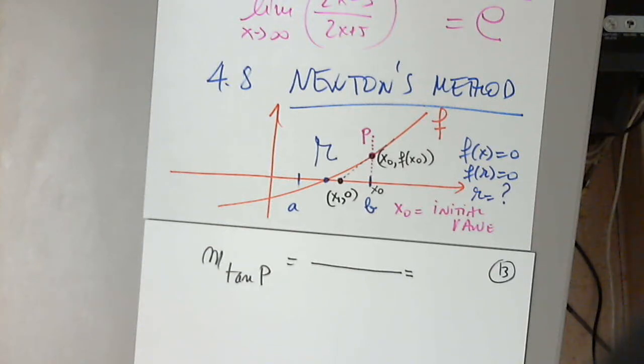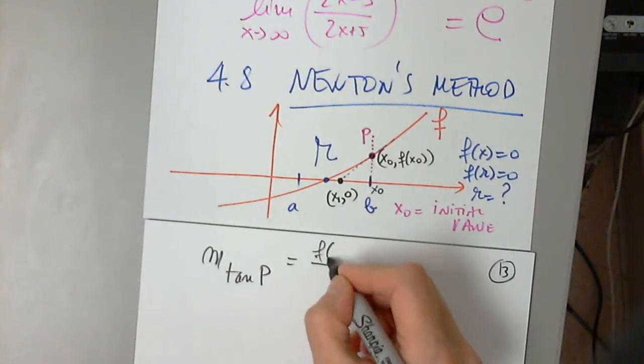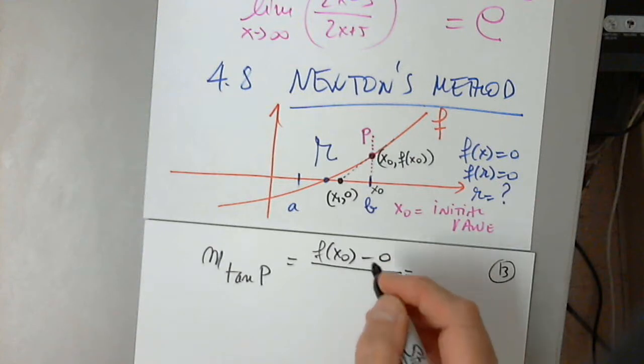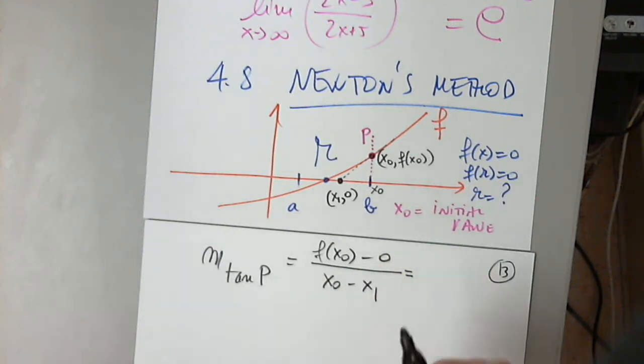We agree? f of x0 minus 0 over x0 minus x1. Would you agree with that? y2 minus y1 over x2 minus x1. Right? Rise over run. But there is another way, and I would like you to give me the other way.